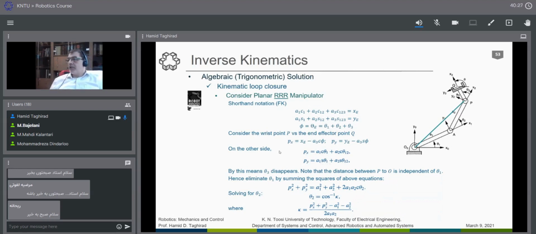So simply looking at this blue vector here, you can see that P_x and P_y are functions of theta_1 and theta_2.